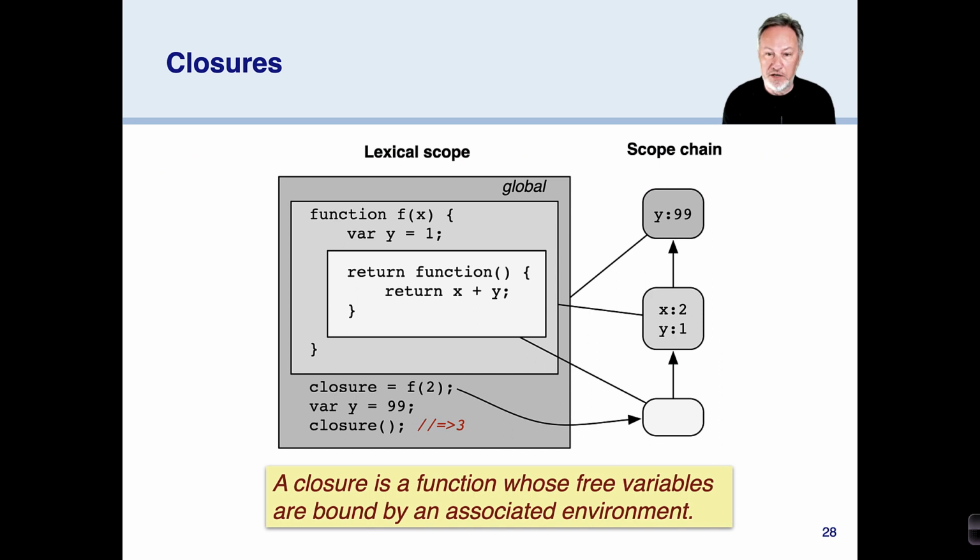Here we can visualize that further. Here's the function f. In the lexical scope of the function f, within there, we define a function, a lambda, that returns x plus y. And here's the global scope. Here's the scope of the function f with its scope of x and y. These are the ones that are defined here.